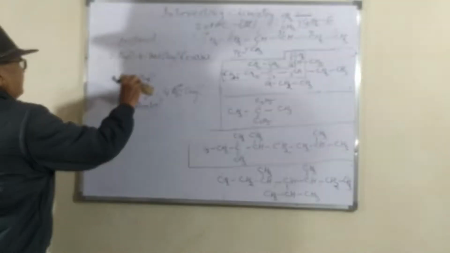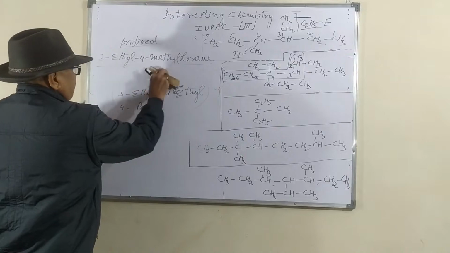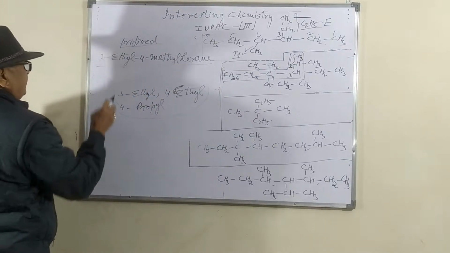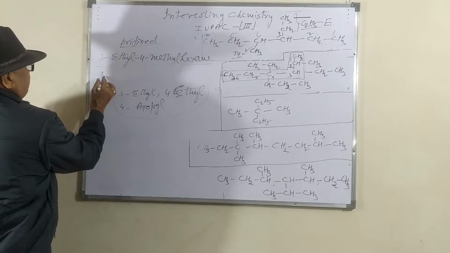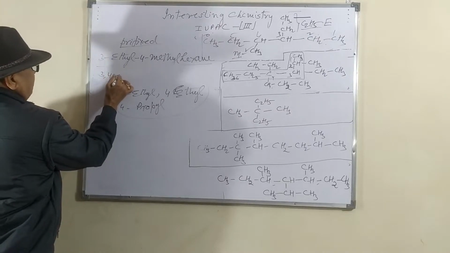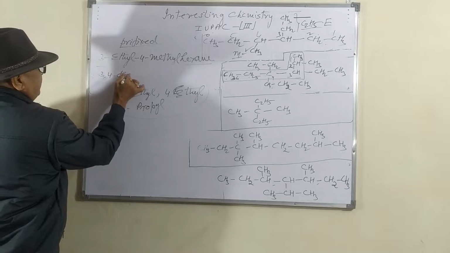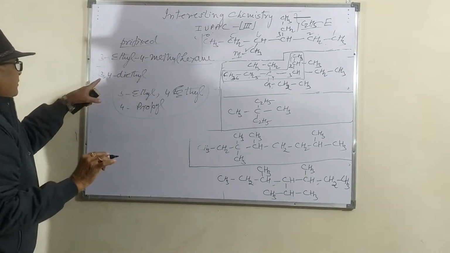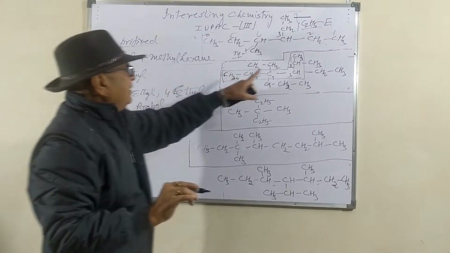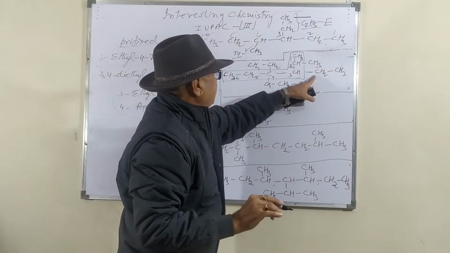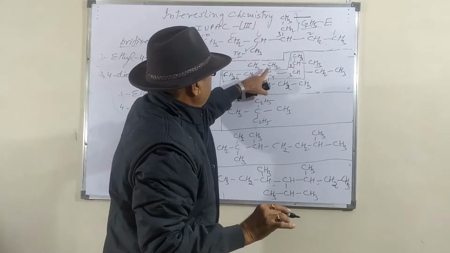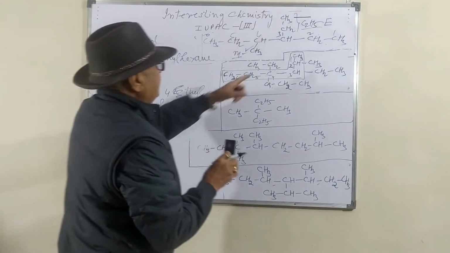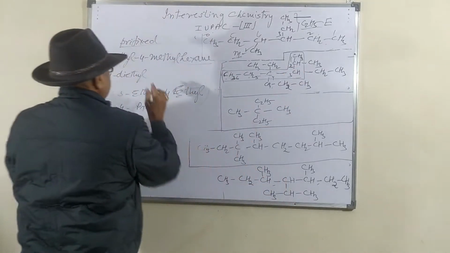So you will write the name: 3,4-diethyl. Again, 3 and 4 diethyl.